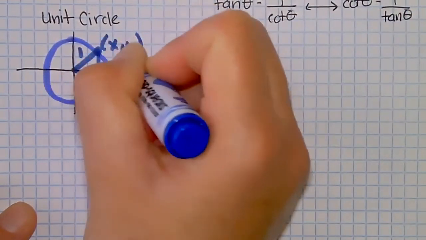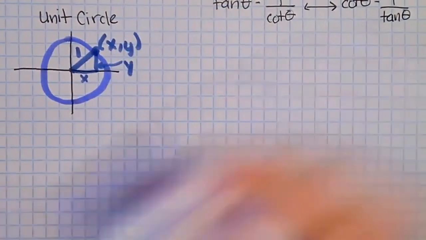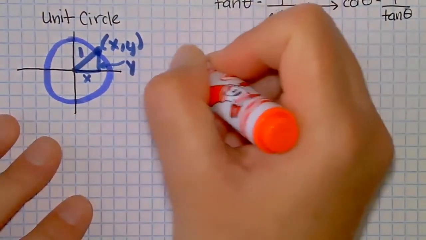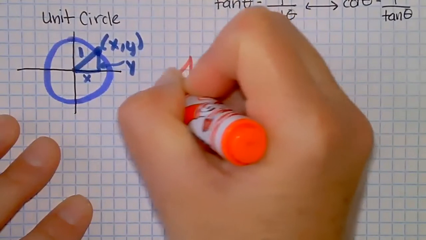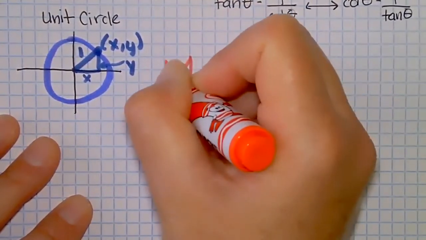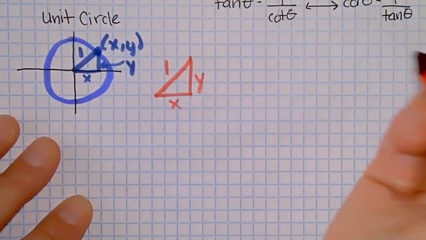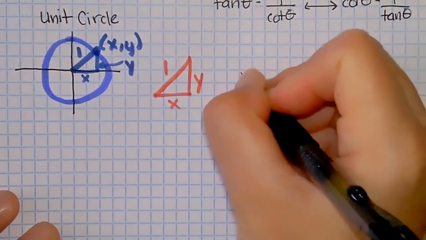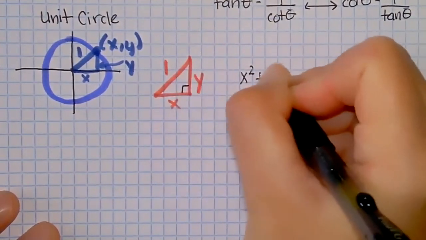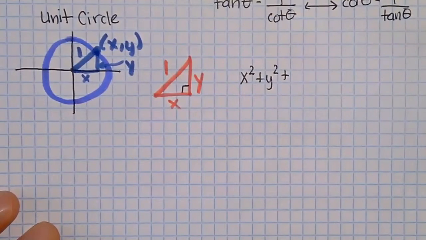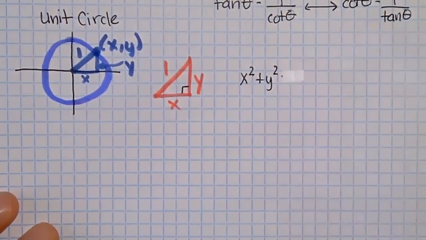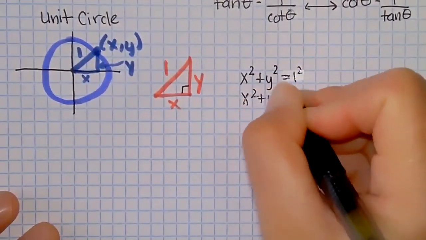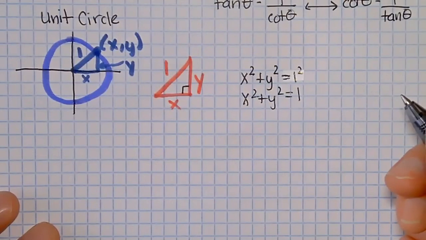This right here is going to be our y. So let me just redraw that out here so we can see it a little bit better. Okay, so this is 1, this is x, this is y. So if I'm using the Pythagorean theorem, I know that x squared, here's my right angle, plus y squared equals 1 squared. And so x squared plus y squared equals 1 on our unit circle.